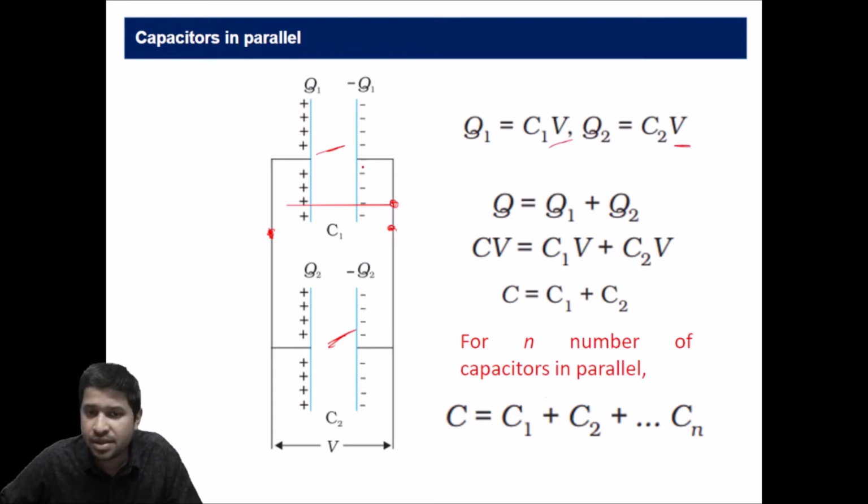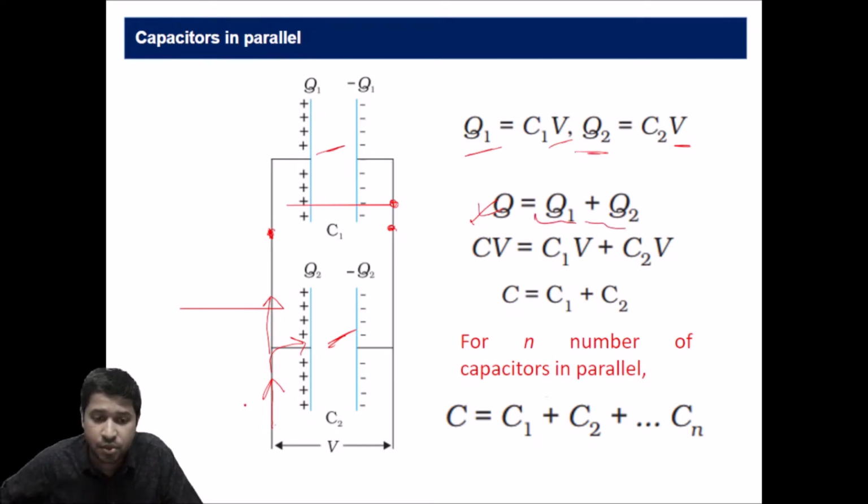The capacitances of these two are different, as I'm calling this C1 and this C2, and the charge that will flow is also different, because if some charge is coming this way, then some amount will go this way and the rest of them will go this way. So the total charge will be given by the sum of the charges.